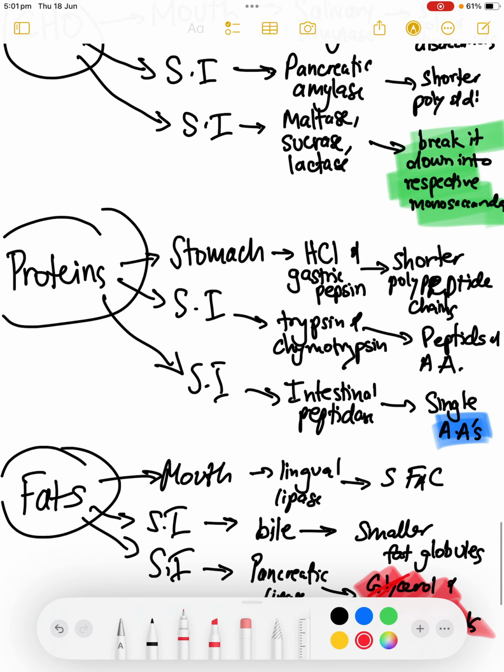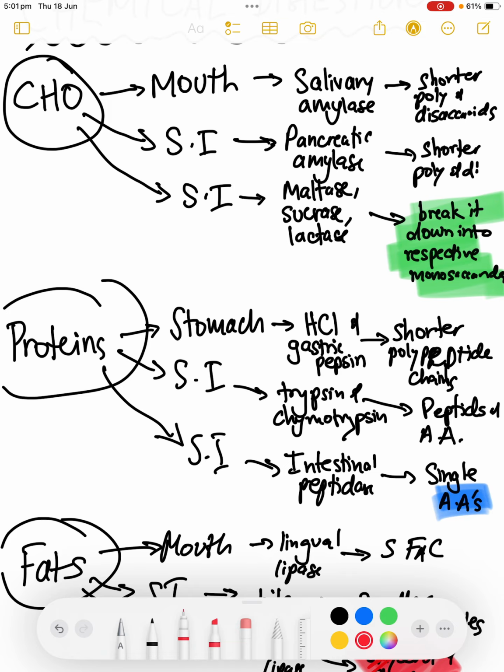That is a pretty detailed analysis of all the chemical digestion, all the different enzymes too. The idea is that in chemical digestion, you've got these long chains, and they get broken down into their singular building blocks to enable them to be absorbed directly into the bloodstream to be used for what they need to be used for.